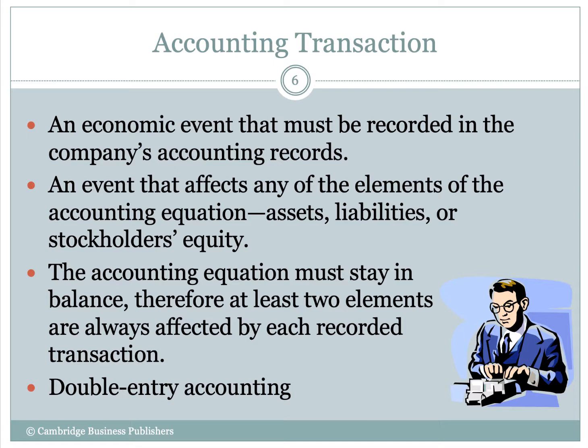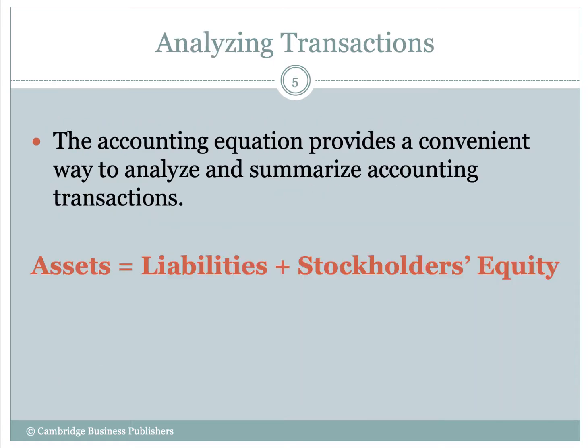When we're analyzing transactions, it's very important to remember that assets, liabilities, or stockholders' equity may be affected. At least two of these will be affected. As we do our journal entries and start analyzing and recording, the accounting equation has to stay in balance, because assets equal liabilities plus stockholders' equity has to stay in balance.